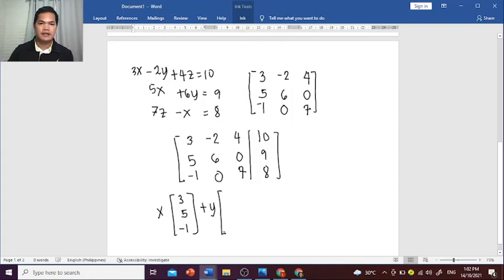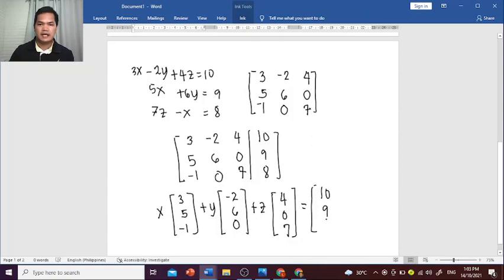We have here negative 2, 6, and 0. And lastly for z, we have 4, 0, and 7. And then let's equate it to the right hand side, which is 10, 9, and 8.